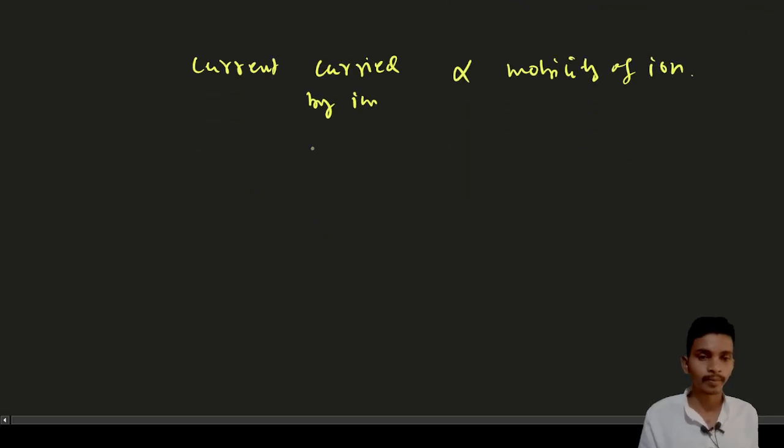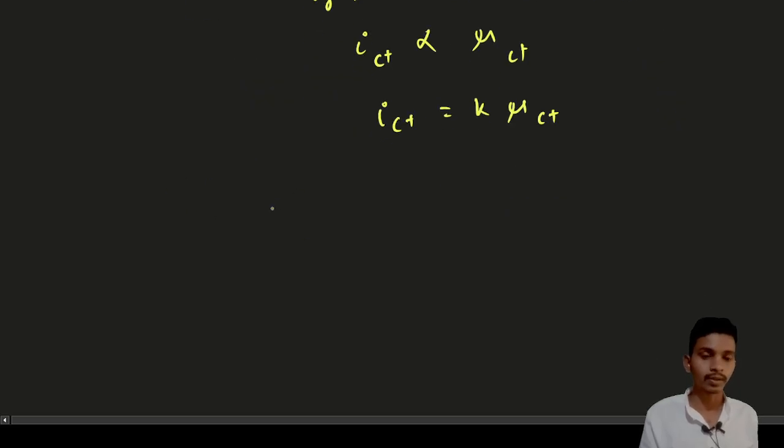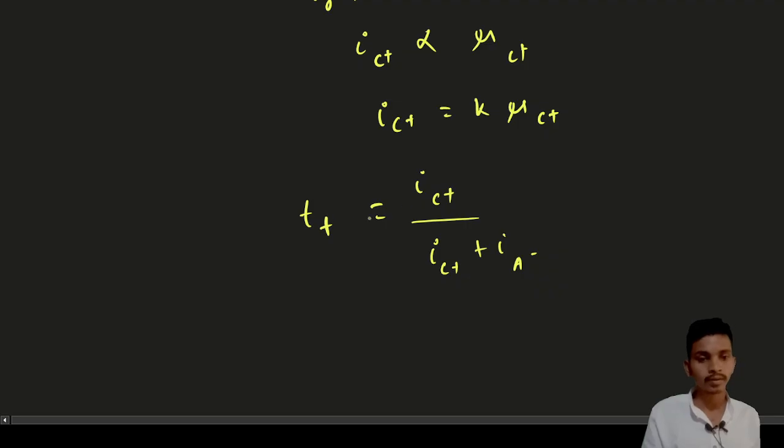It means I can write current carried by any cation is directly proportional to mobility of that cation. If we remove the proportionality constant K, since both sides will divide, then transport number of any cation is this upon this, cation plus anion, and this is directly proportional to this value.